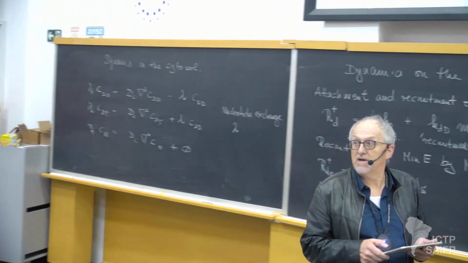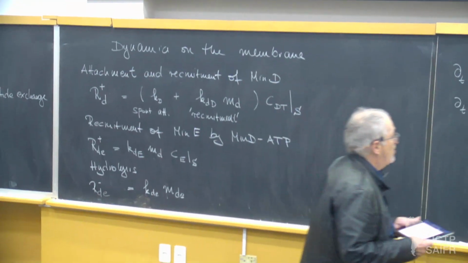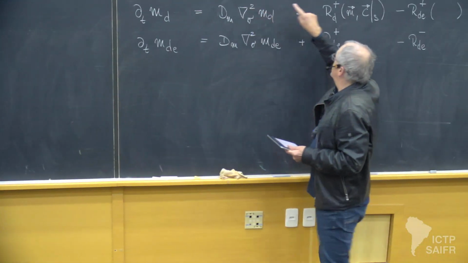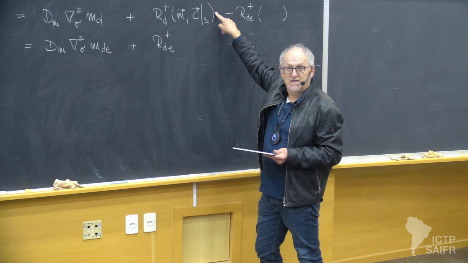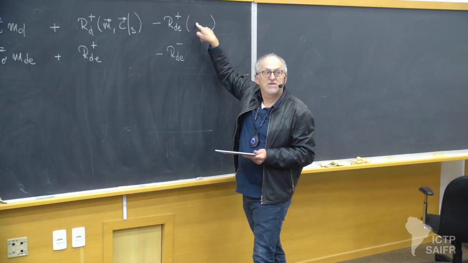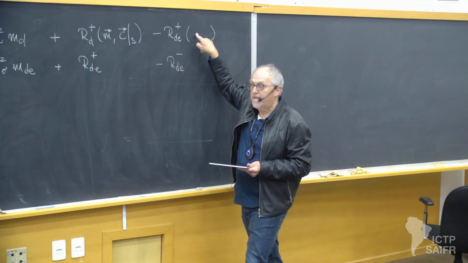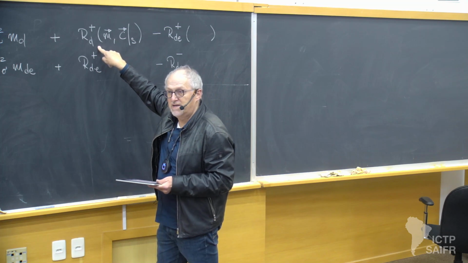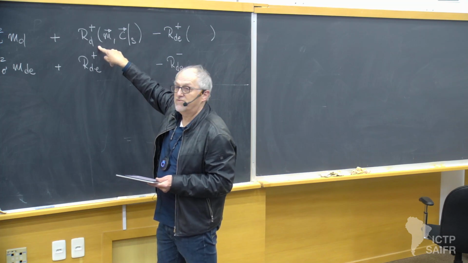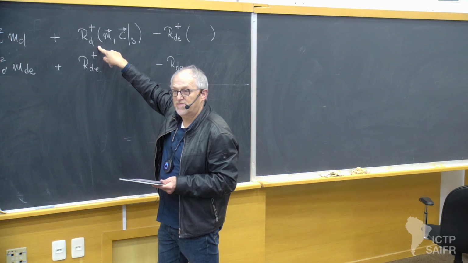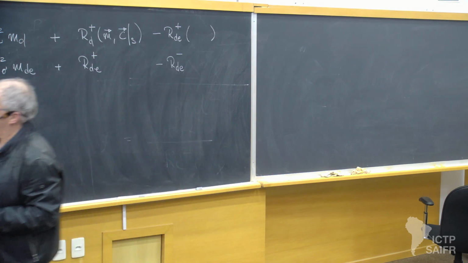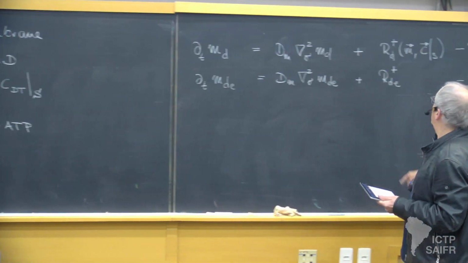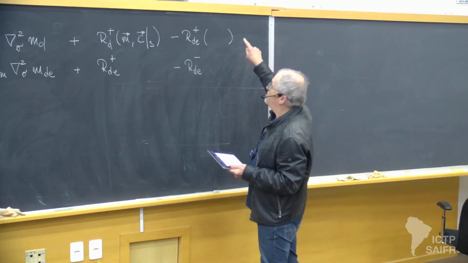So, okay, I'll help you. Here I'm counting on the right-hand side how you gain and how you lose in the reactions. How do you gain a MinD protein on the membrane? You gain by recruitment and attachment. That's this term. How do you lose?